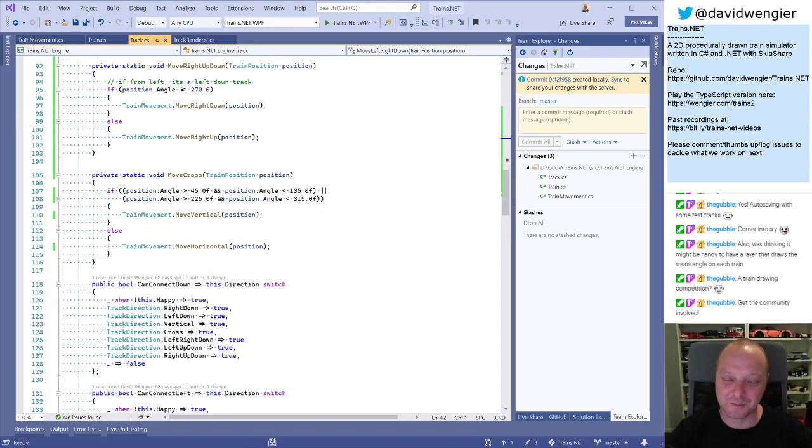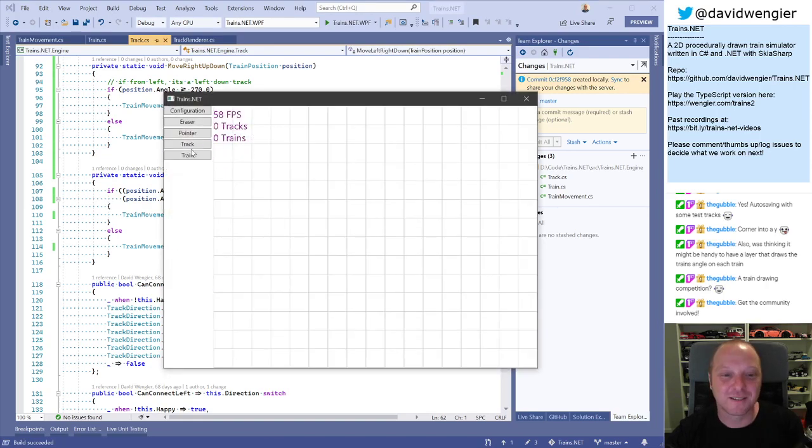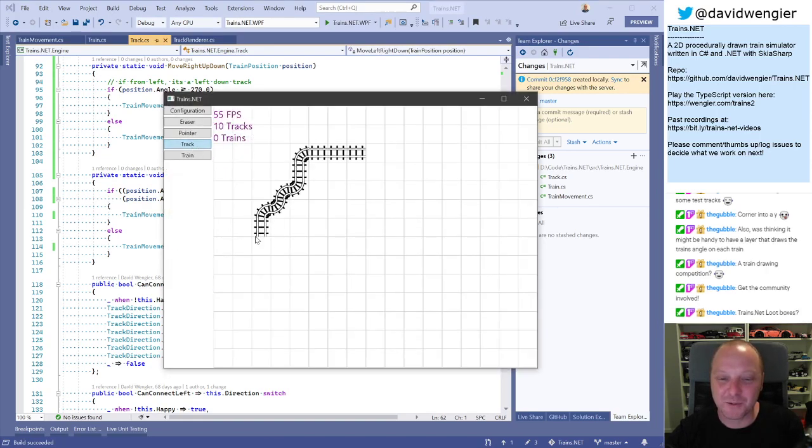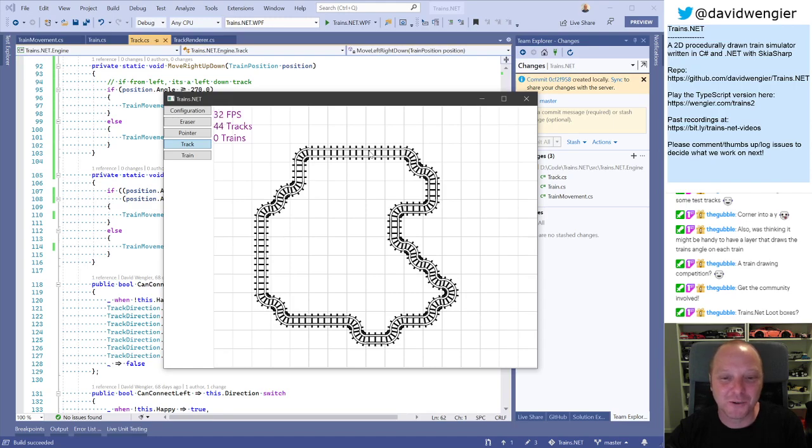We need the ability to upload your own. I would like to have different vehicles. Eventually, I want to do roads. I always wanted to do roads. Roads was the biggest thing I wanted to add to the JavaScript version, and I didn't because it was way too hard because the code was so fragile.